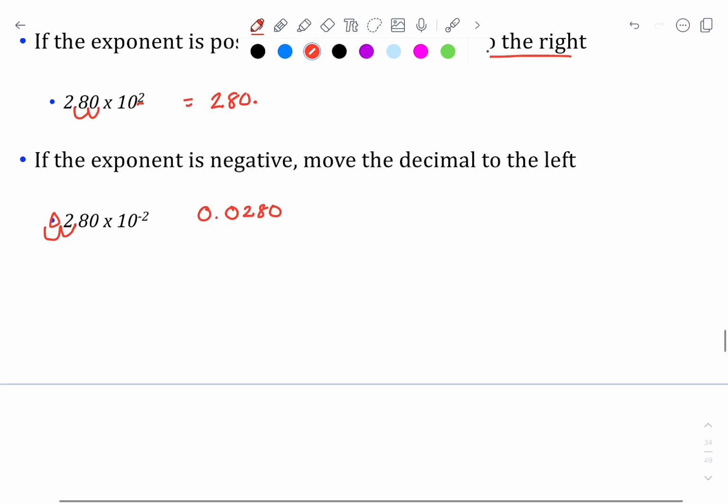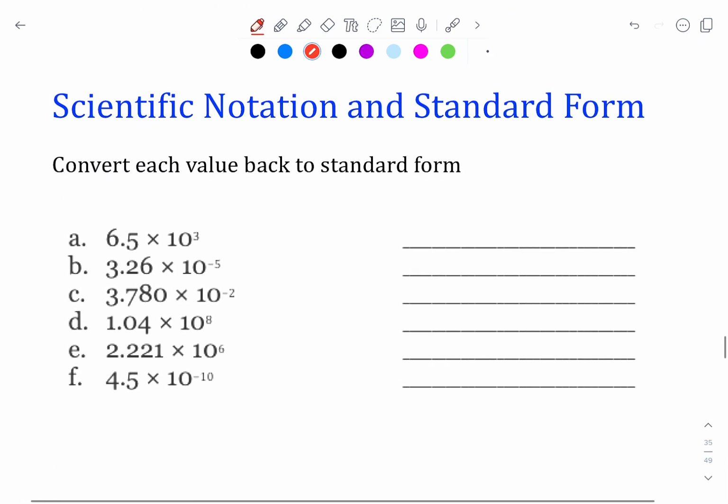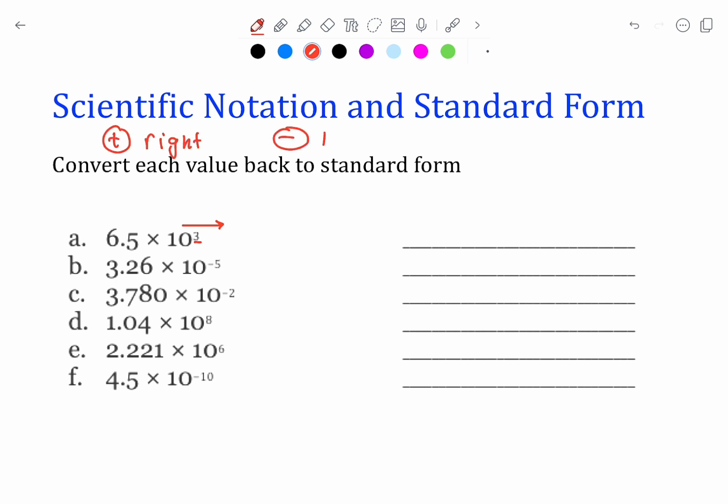Okay? So let's practice converting these values from scientific notation to standard form. So we have a positive 3, so we're going to move our decimal place to the right. Okay, so here we're taking positive to the right and negative to the left. So we're going to go 1, 2, 3, fill in our blanks with zeros.